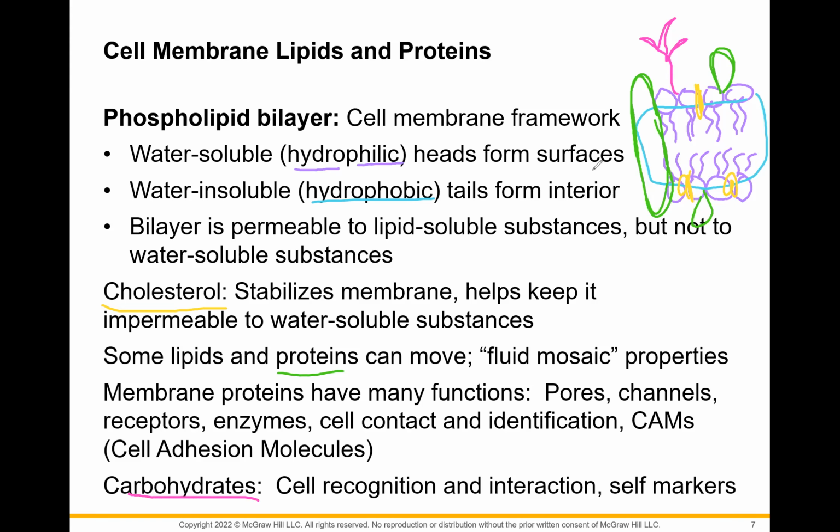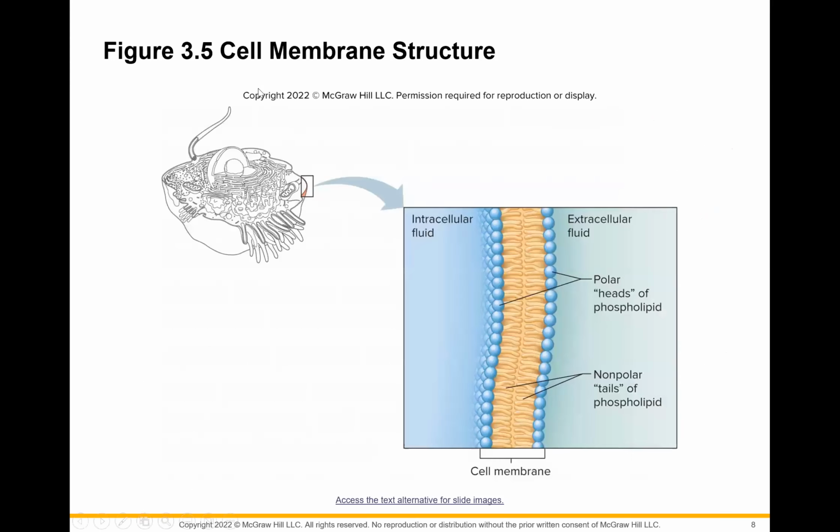So this is my terrible picture of the cell membrane, but the next picture that you'll see will make a little bit more sense. So here again, if we were to magnify this picture, we'd be able to see that this is the inside of the cell, the intracellular fluid, and this is the outside of the cell.